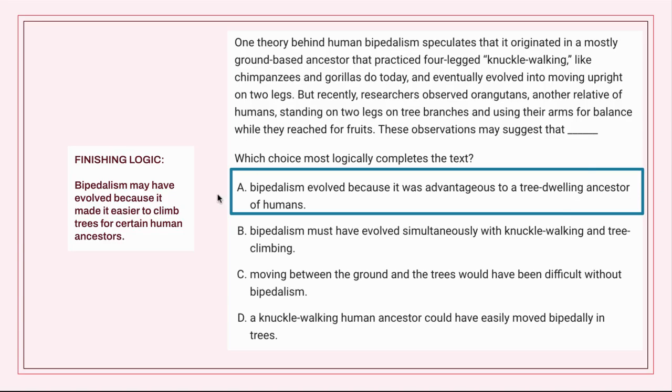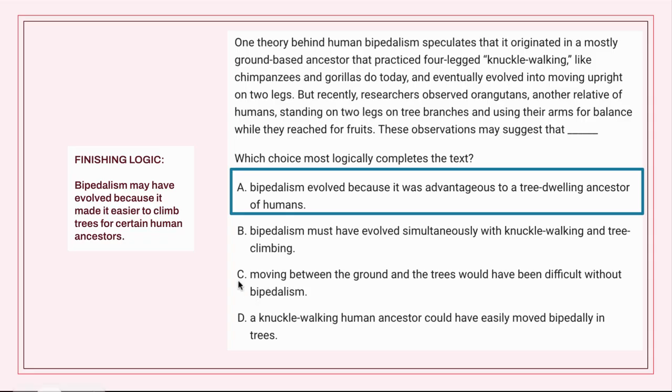And then after that, bipedalism evolved. So it was knuckle walking and then bipedalism, or tree climbing and then bipedalism. So not all three of these things happened at the very same time. And I don't think the point of the passage is talking about when bipedalism evolved. It's talking about what bipedalism evolved from. So that's why B isn't a good answer.